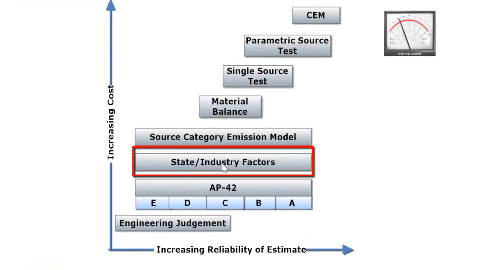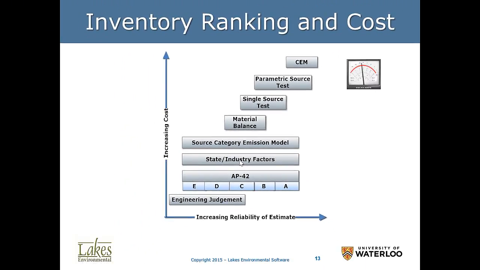These were measurements either done by a state, a regulatory agency, or by industry themselves. The American Petroleum Institute did a lot of these emissions inventories, and they measured, calculated, and produced better emissions factors than AP-42. We progress here into material balance, single source test.